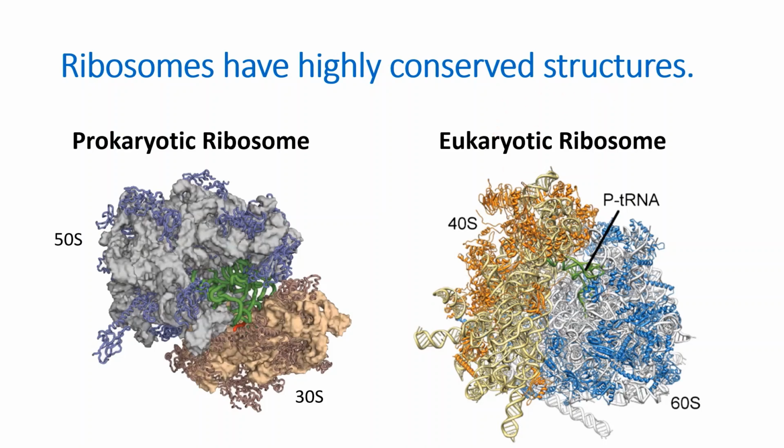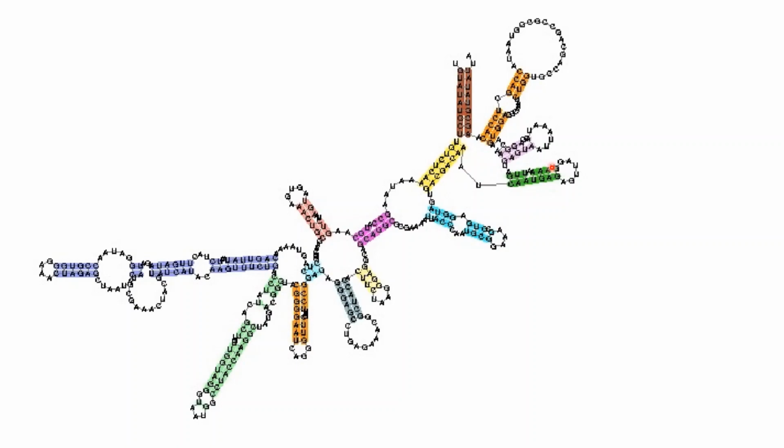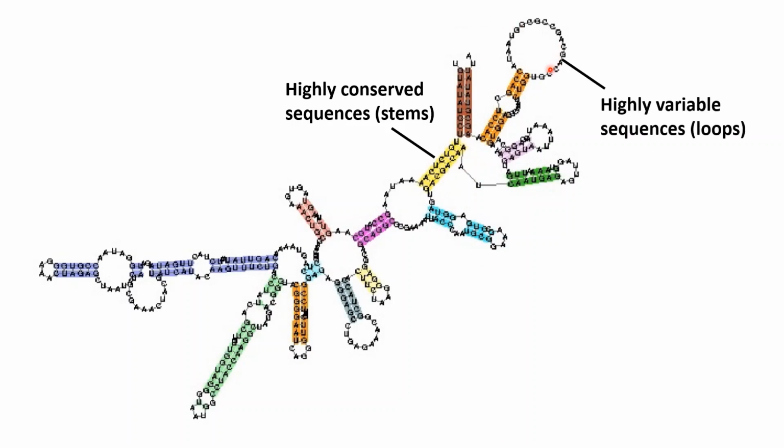So here we just have a detail of these ribosomal RNAs, the formation of loops and the highly conserved stem. So the loops are the variable areas. Because ribosomal RNAs are very conserved, they are also the focus of the study of systematics, or the classification of living things, based primarily on the sequences found in the ribosomal DNAs.